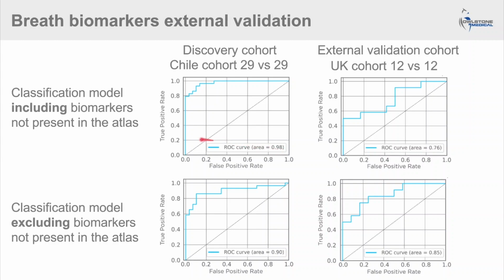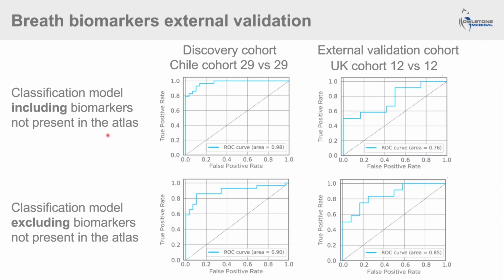We can see an excellent AUC of 0.98 in the training set, and we included these best performing biomarkers. However, when we tested this classification model on a UK cohort represented by 12 cirrhotics and 12 healthy, we found suboptimal classification performance with an AUC of 0.76.